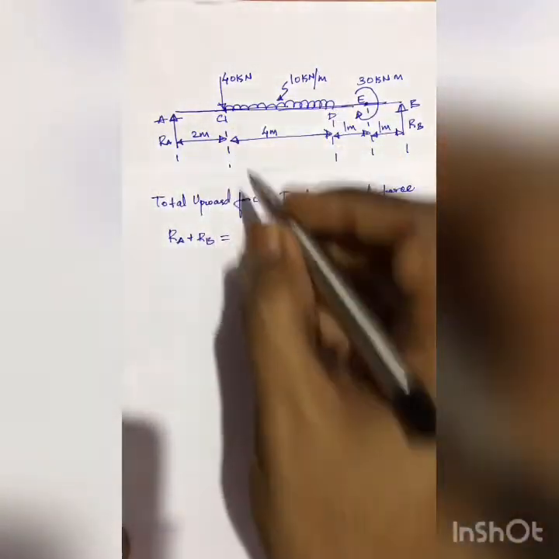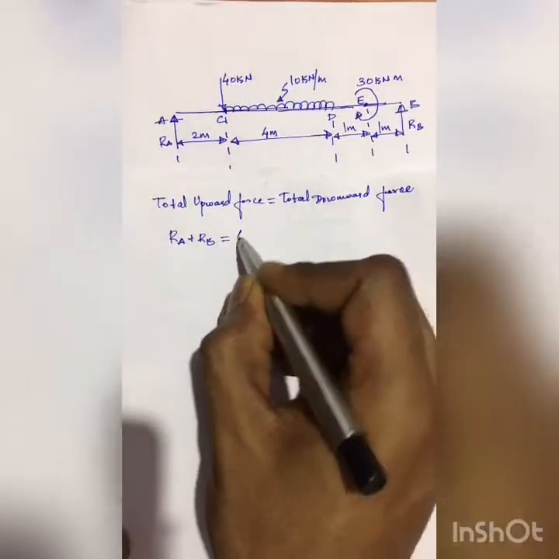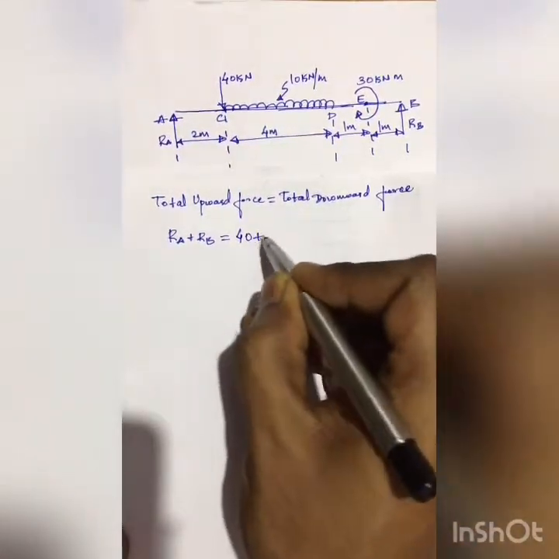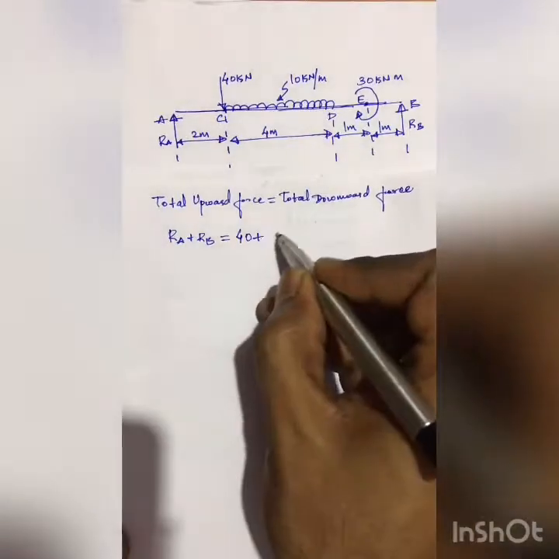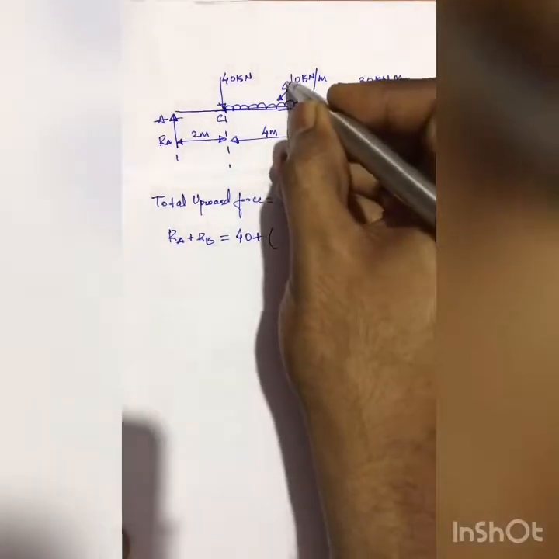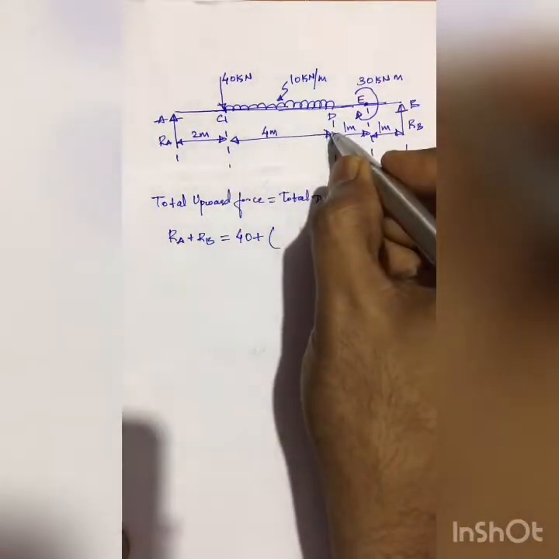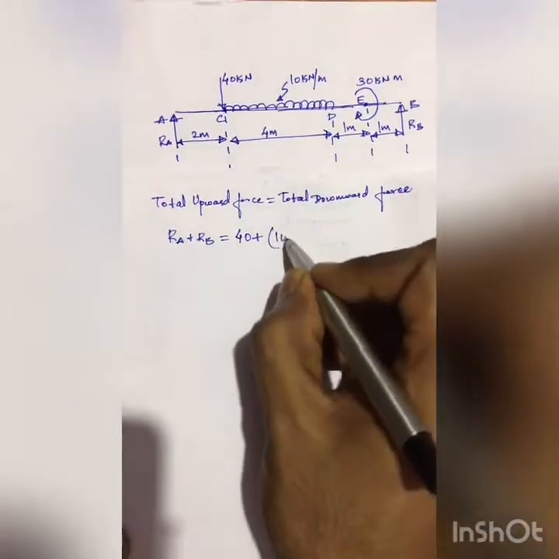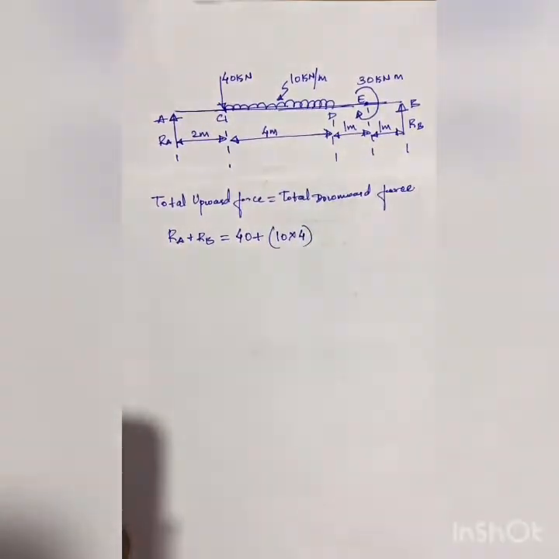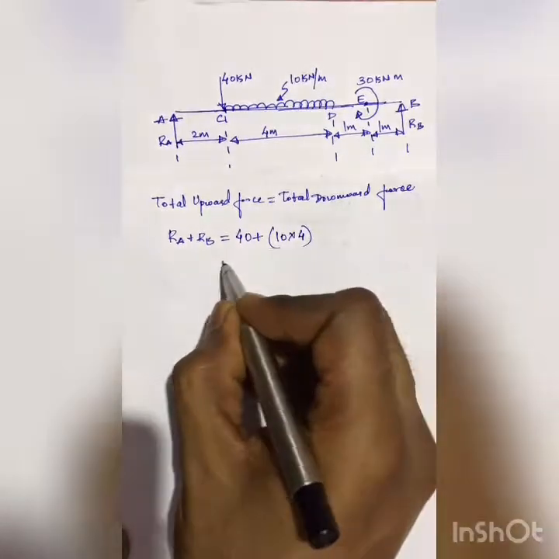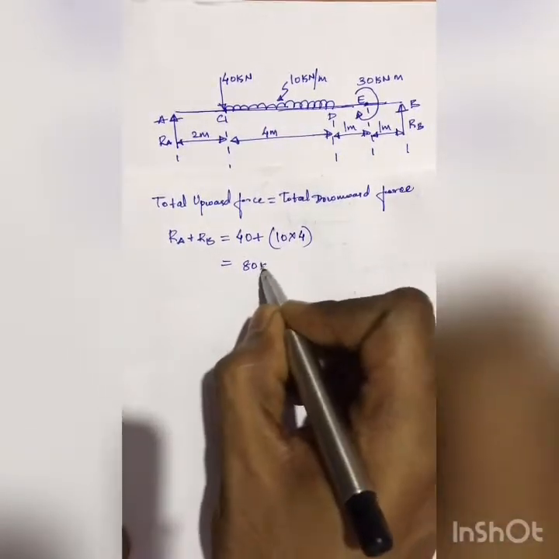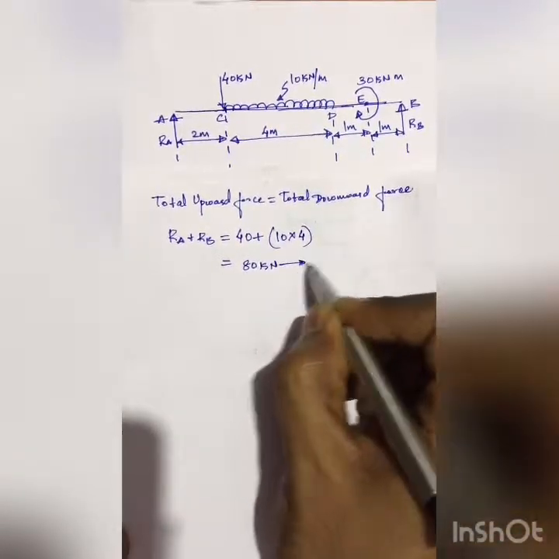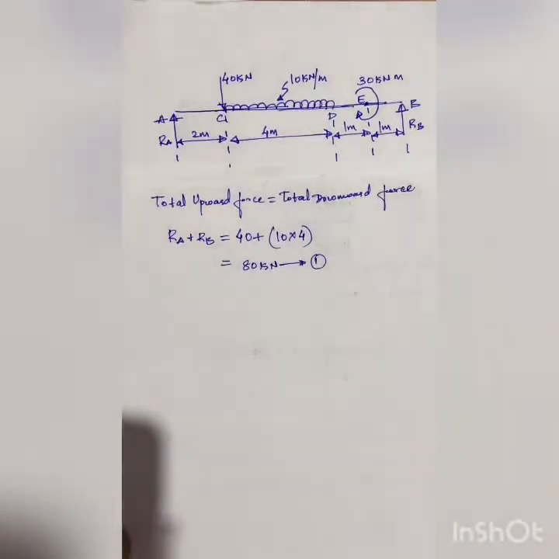So the downward acting load is 40 kilonewton plus 10 into 4, so here we get that RA plus RB is equal to 80 kilonewton. Let us consider this as equation number 1.